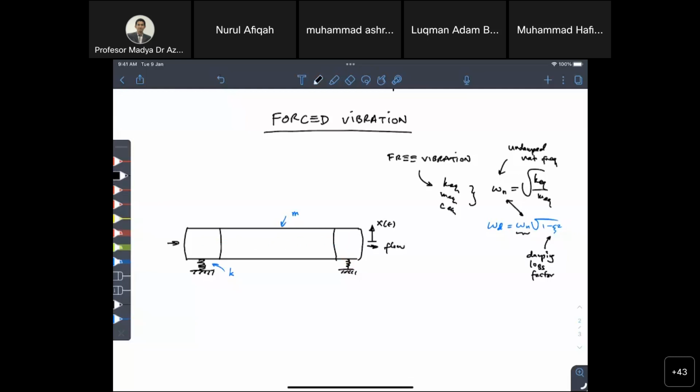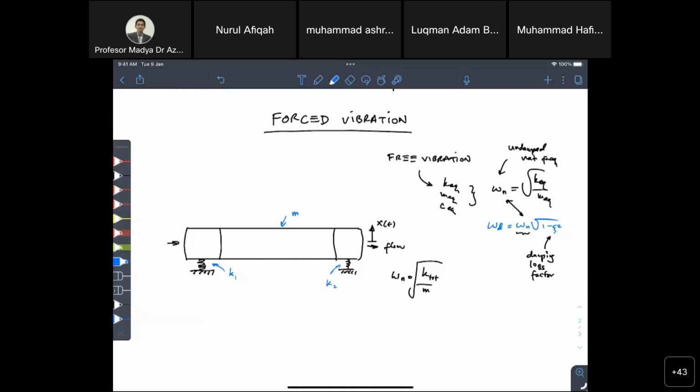We know K, we know M. So this piping actually already has a natural frequency. So omega n is, together with this K, it should be K total, K1, K2. Assuming everything in phase, K total divided by M, square root. So then you have the natural frequency of the piping.